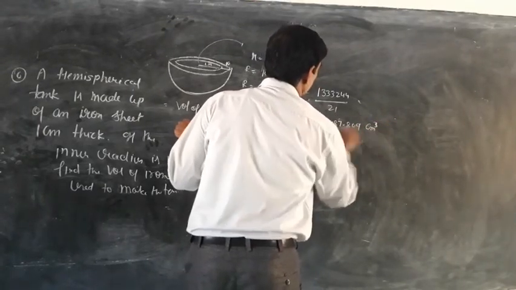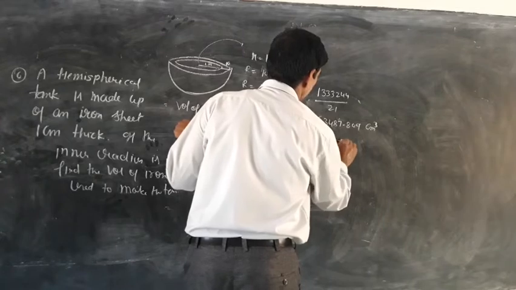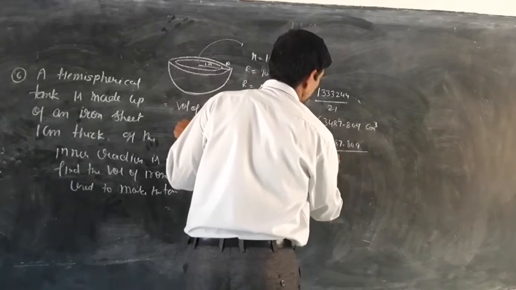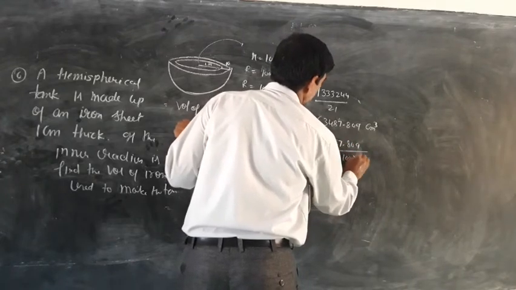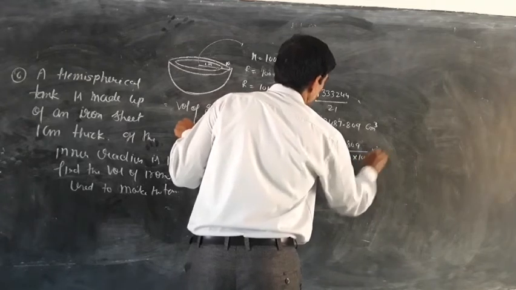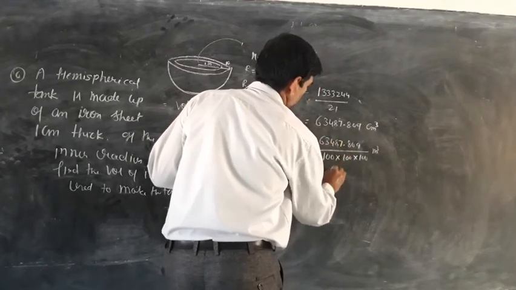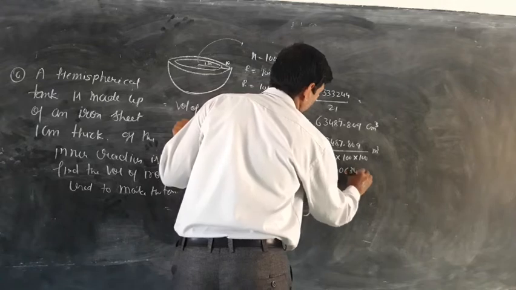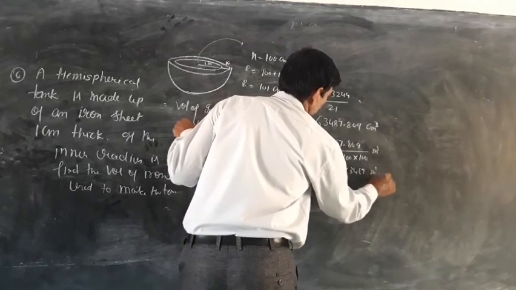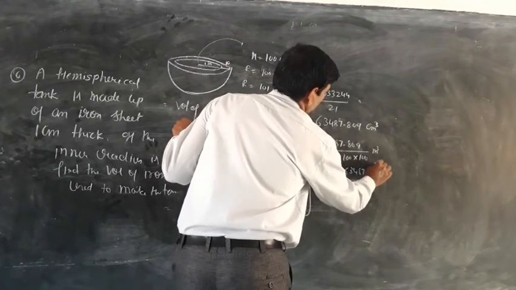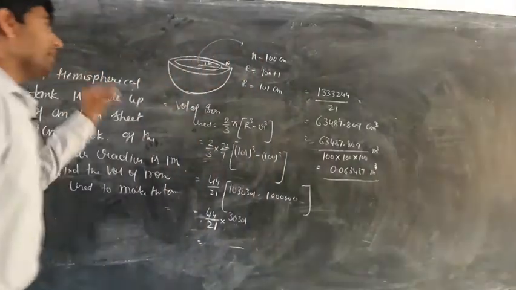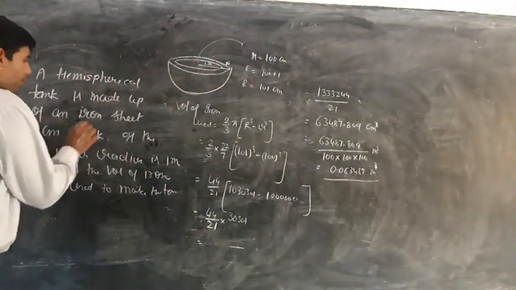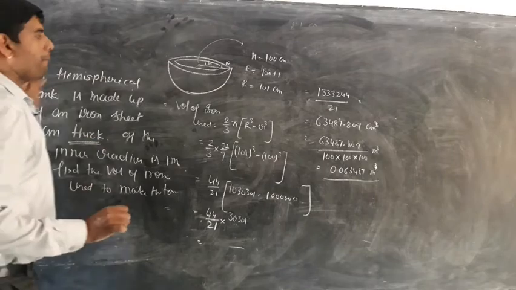Centimeter cube is converted to meter cube, 63487.809 divided by 100 into 100 into 100 meter cube, that is 0.06347 meter cube.